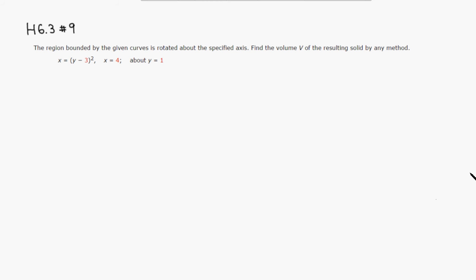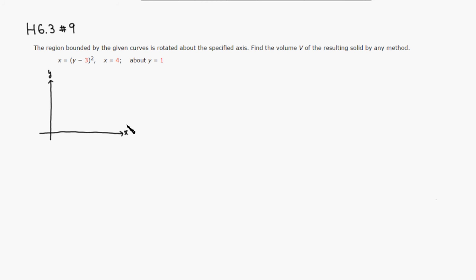Let's draw a picture first. I'm going to draw a y-axis here, and here is the x-axis. All right, so x equals (y minus 3) squared.